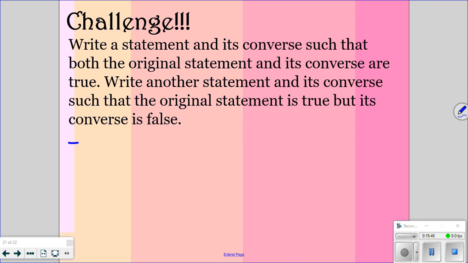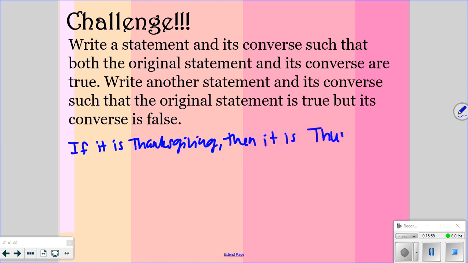So we've gone over this one, but if it is Thanksgiving, then it is Thursday. Thanksgiving occurs on Thursday, so if it's Thanksgiving, then it is Thursday. That is true. The converse would be, if it is Thursday, then it is Thanksgiving, which is not true. So that would be for the second one.